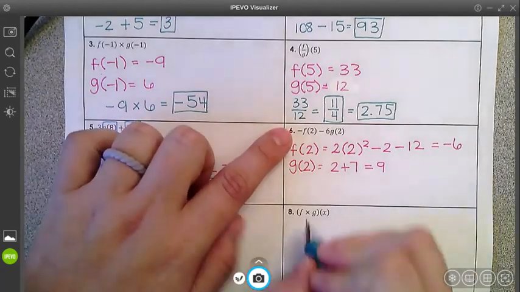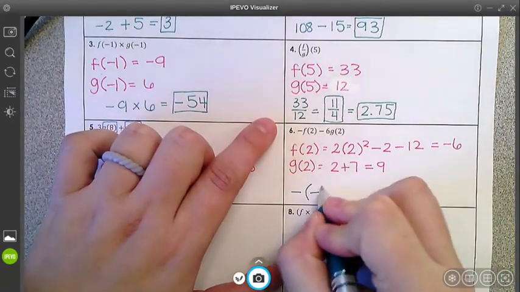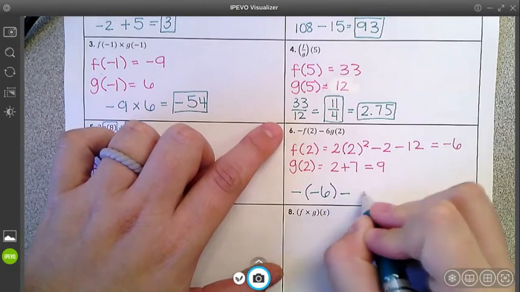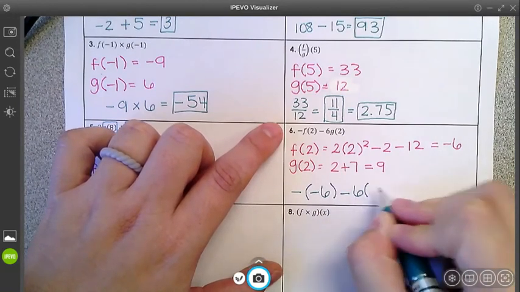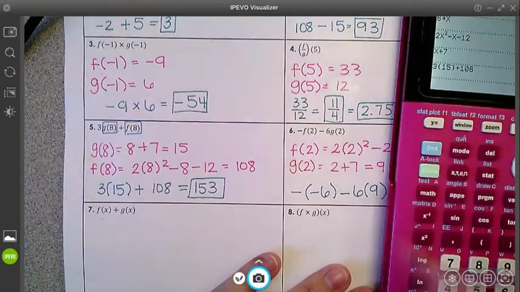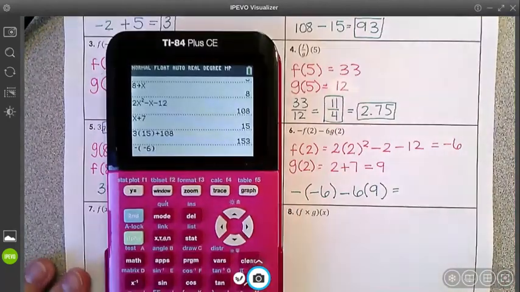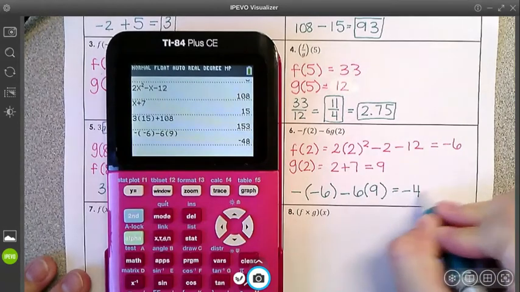And I'm doing negative f of 2. So negative 6 minus 6 times g of 2, which is 9. And we get negative 48.